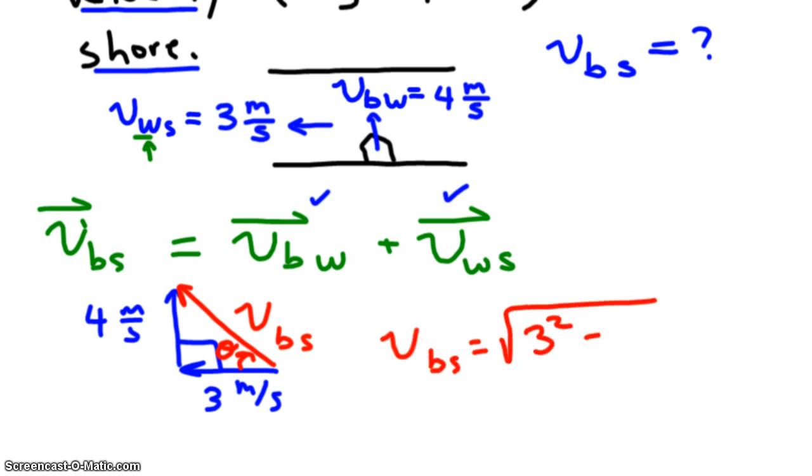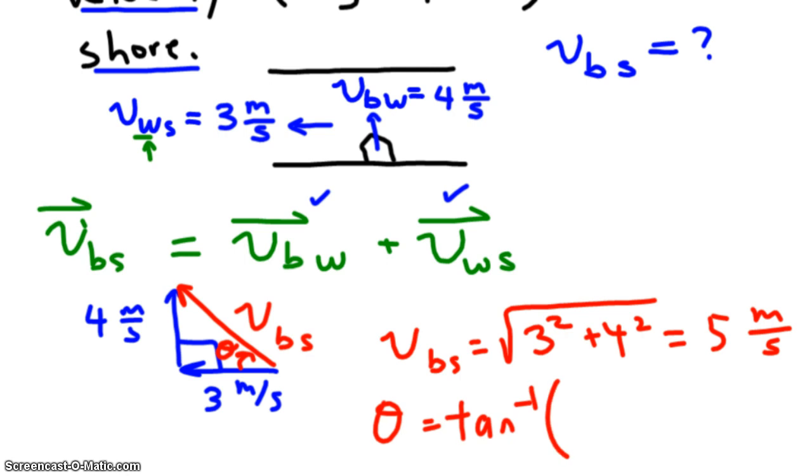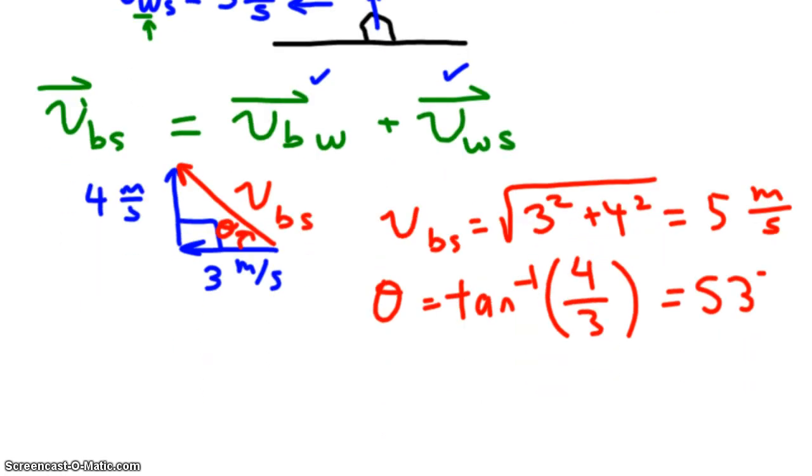We use a little geometry. VBS is the square root of 3 squared plus 4 squared, oh, that's a 3, 4, 5 triangle. So 5 meters per second. Theta is the inverse tan of 4 over 3. And what's that? It's about 53 degrees. And of course we need to attach the directions like east of west, or that doesn't make sense. So what is it?